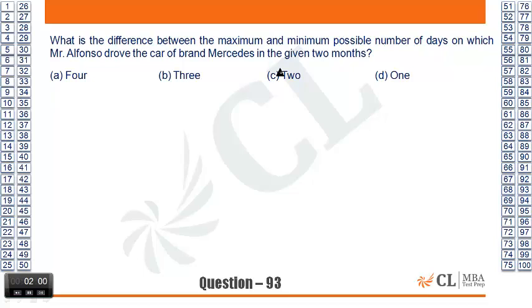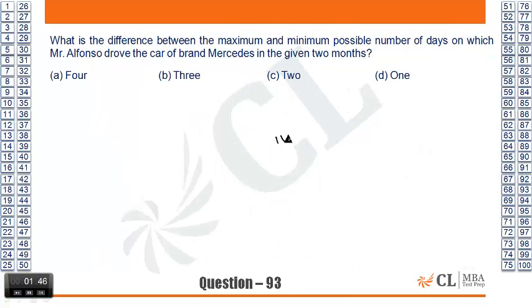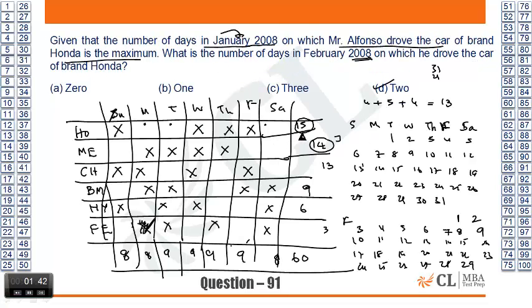What is the difference between the maximum and minimum possible number of days on which Mercedes drove? Maximum is 14. Minimum: if it is 10, this has to be 11. That's the minimum, no?